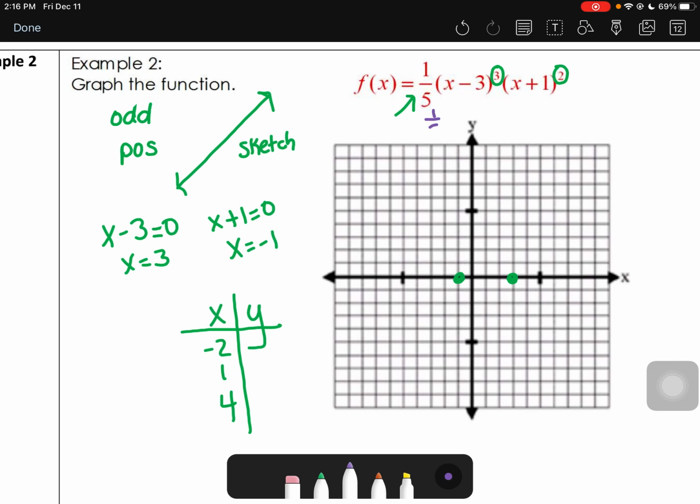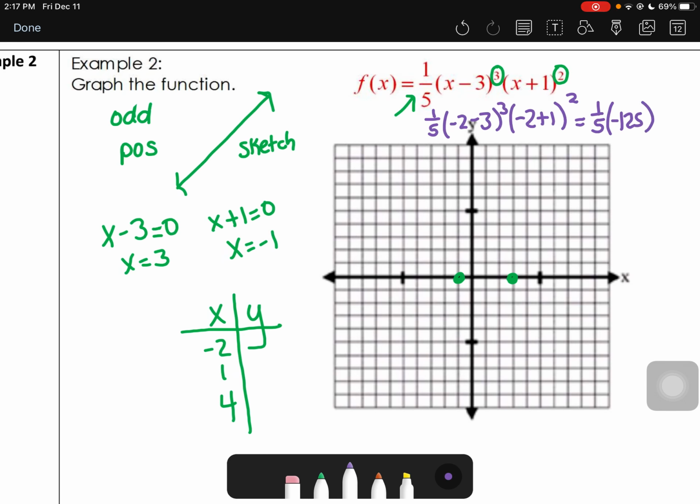So we have 1/5, and then we'll plug in negative 2 minus 3, and that's going to be to the 3rd power. And then we have negative 2 plus 1, and that's going to be to the 2nd power. So negative 2 minus 3 is negative 5, and negative 5 to the third power is negative 125.